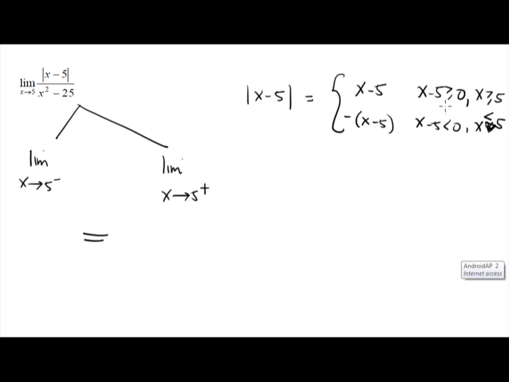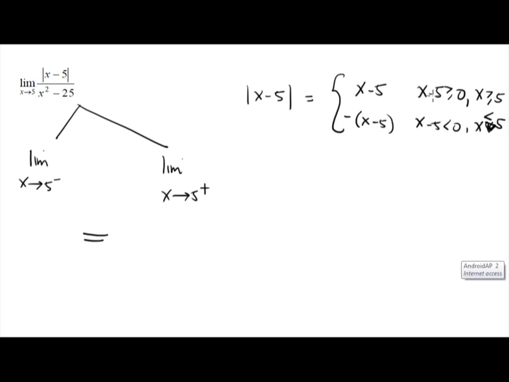Now, some might ask, why is there an equal sign on the x minus 5 when there is no equal sign on the negative of x minus 5? Actually, there are three divisions for this: the one with greater than 0, the one with less than 0, and the one with equal to 0.